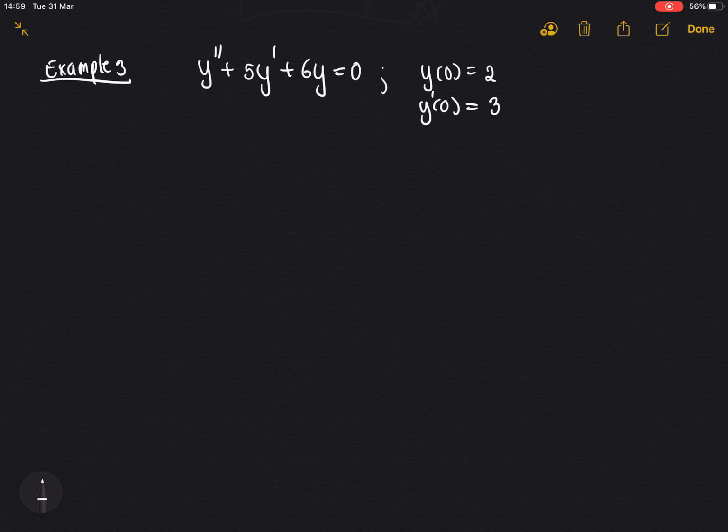So if you take a look carefully, you will see that you have to find the second order differential equation's solution.